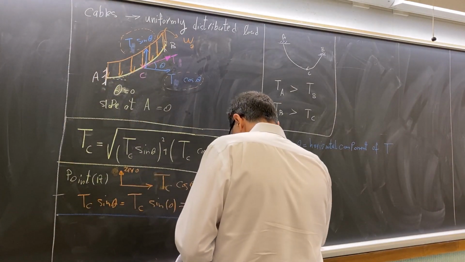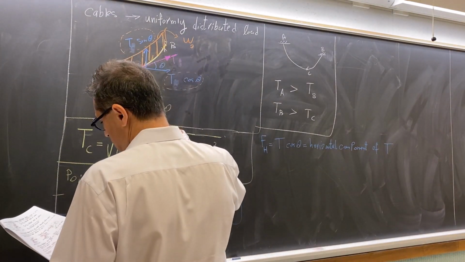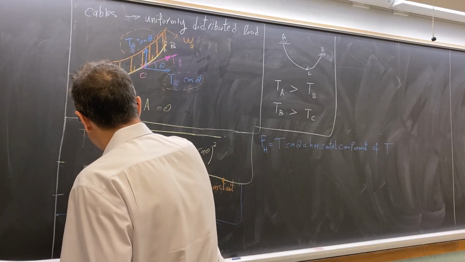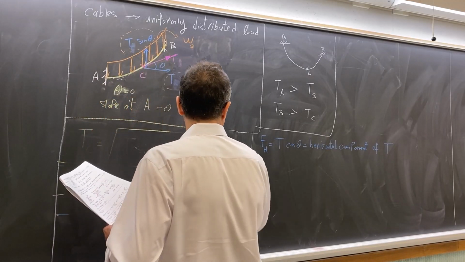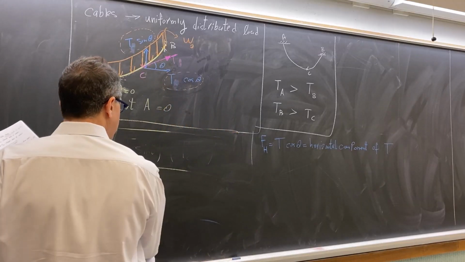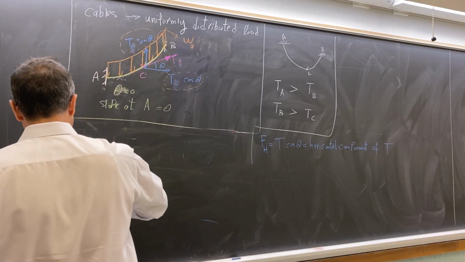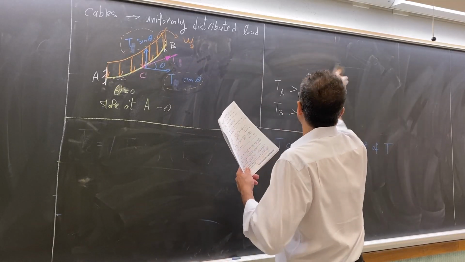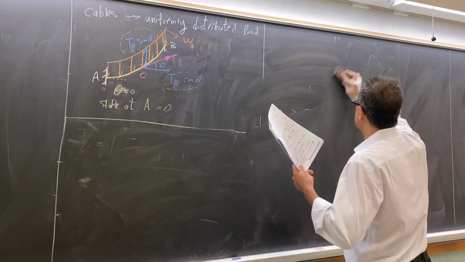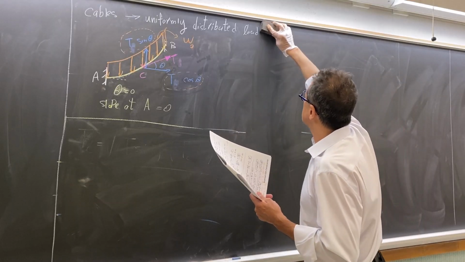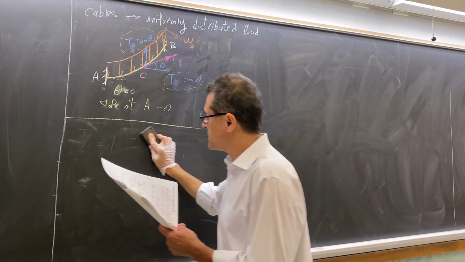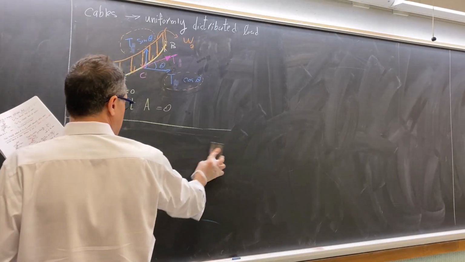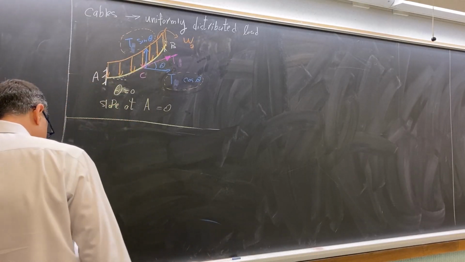So now we consider equilibrium equations, meaning sigma Fx and sigma Fy. It will help understanding this concept better. If you struggle with understanding why the horizontal component is constant, you will understand it again by this calculation.